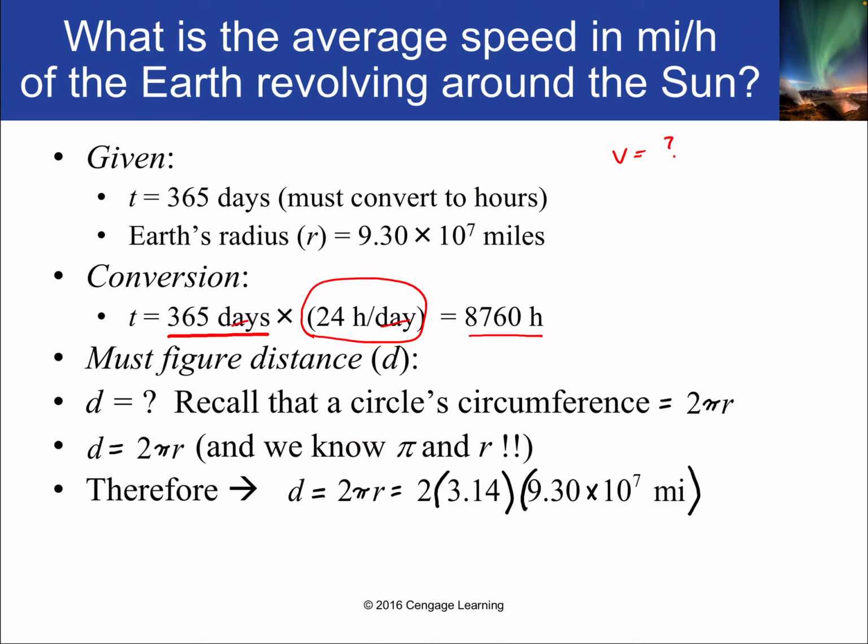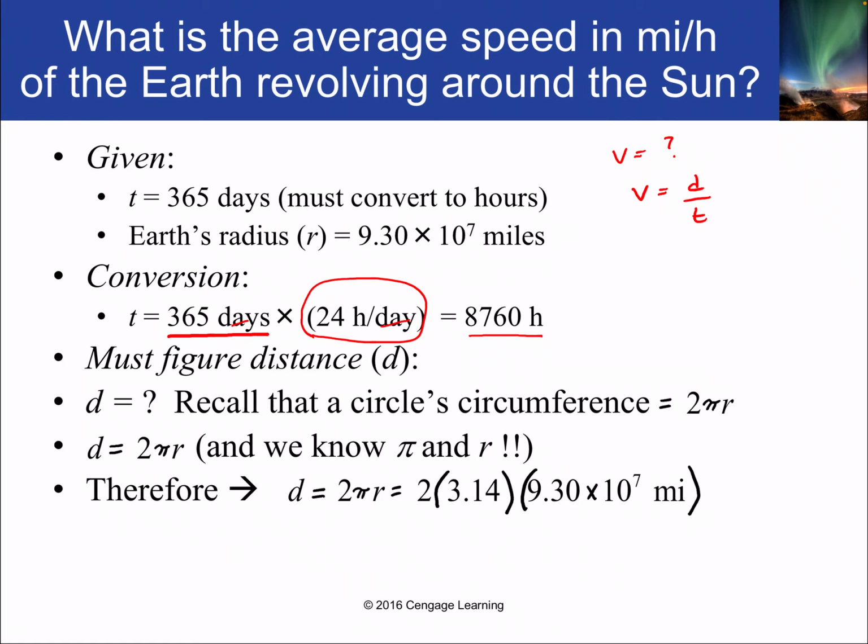Okay, and now we're dealing with distance. Okay, we're given the Earth's radius, but remember our speed is distance over time. We can't plug the Earth's radius into distance, that D right there. We have to calculate distance.